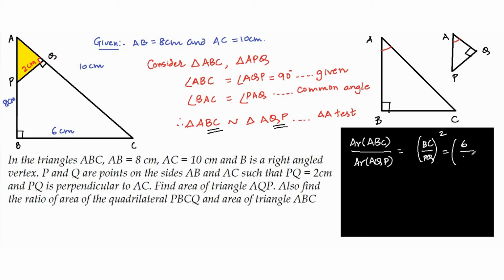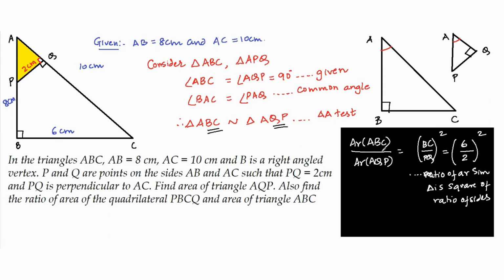So 6 upon 2 the whole square. The justification for this, you will have to write it: the ratio of areas of similar triangles is the square of the ratio of sides. So every time you should write this justification.